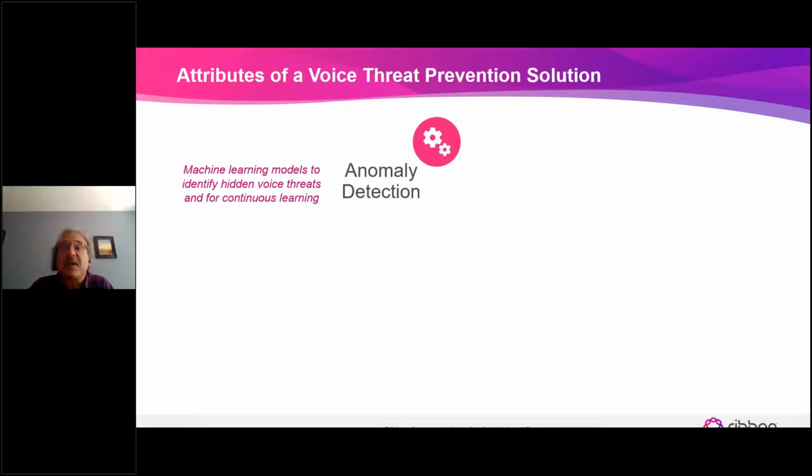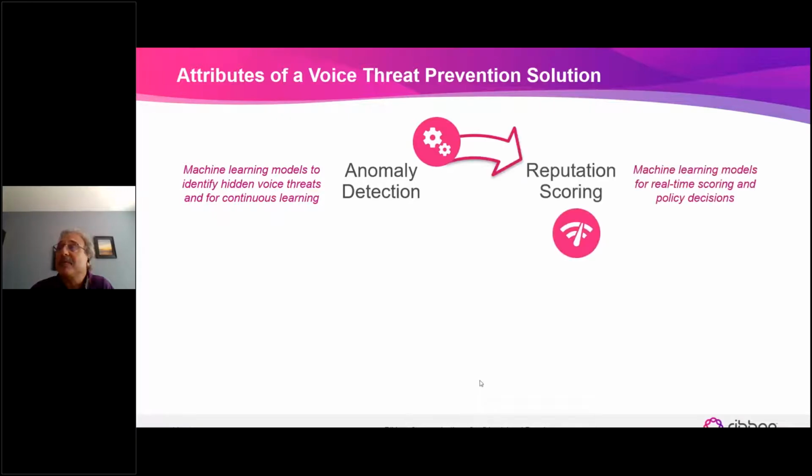This is done by looking at traffic, determining the baselines, understanding what is normal traffic, and identifying anomalies. That information is then made available to other machine learning models that are going to provide reputation scoring. That reputation scoring is critical because the anomaly detection is just a potential threat.